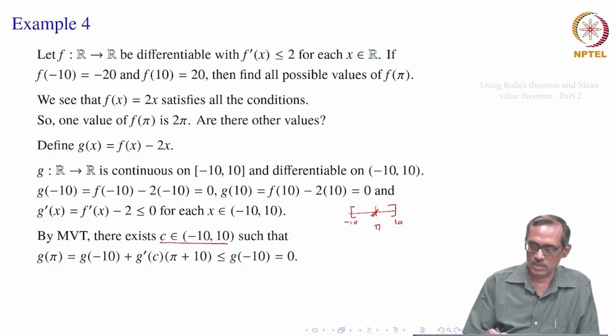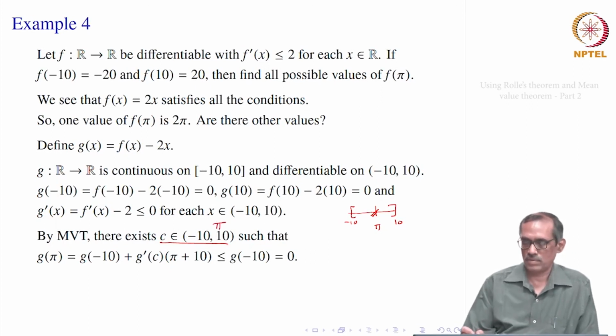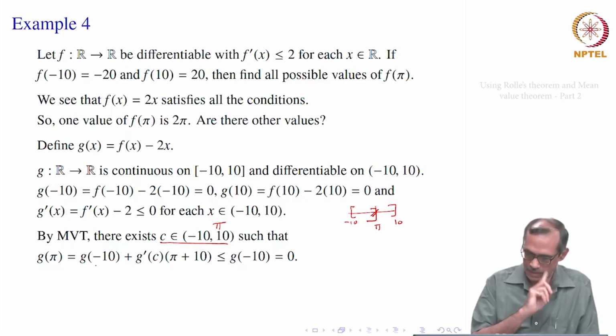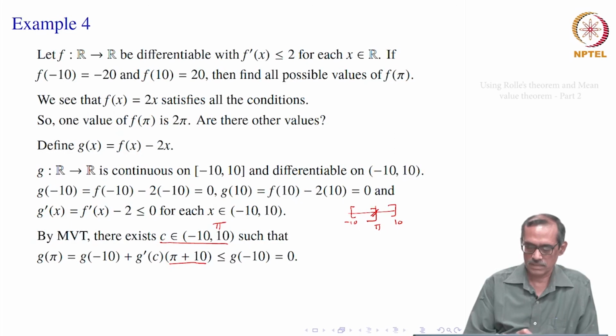In fact, we can limit it further, that c belongs to minus 10 to pi also. You can think of this closed interval where you apply it. So, that gives g of pi equal to g of minus 10 plus g prime of c into pi minus of minus 10, which is pi plus 10.